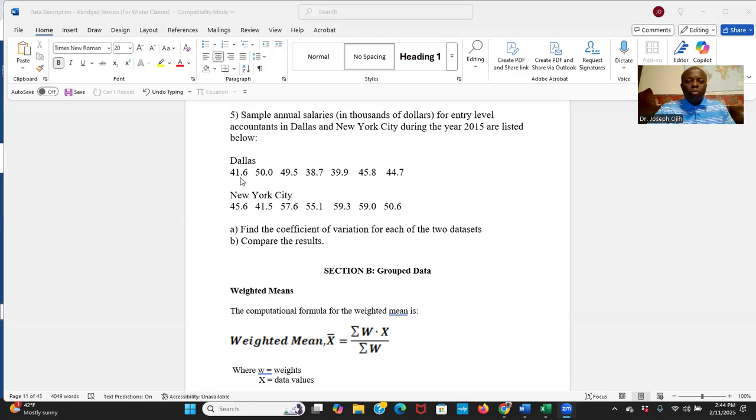For example, 41.6 means $41,600 a year. 50.0 means $50,000 a year. This is the 2015 data. I mean, the accountants earn much more than that now. So it's for Dallas and it's for New York. And it says, find the coefficient of variation for each of the 2 data sets, then compare the results.